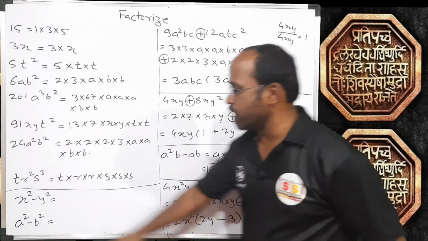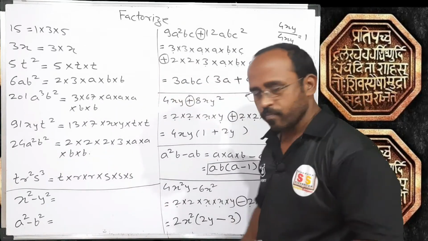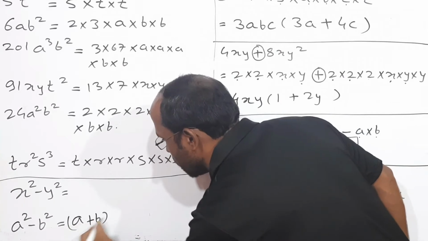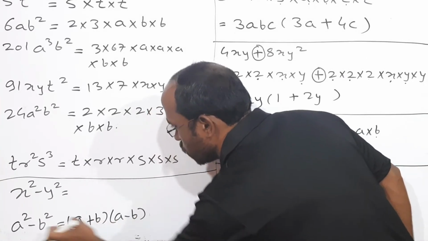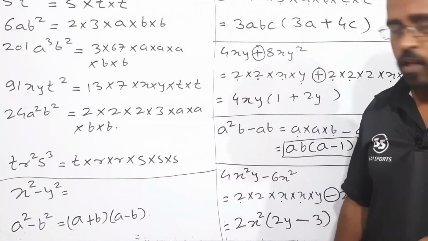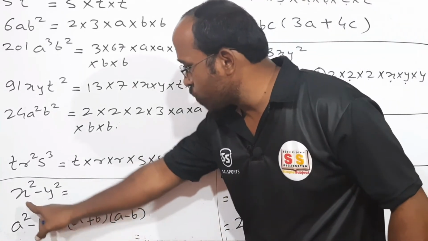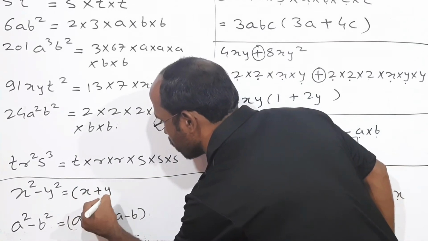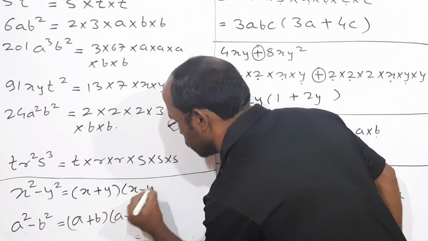What is the formula for a square minus b square? I hope you remember. In our previous videos we learned that a plus b multiplied by a minus b is equal to a square minus b square, right? So similarly, x square minus y square can be written as x plus y multiplied by x minus y.